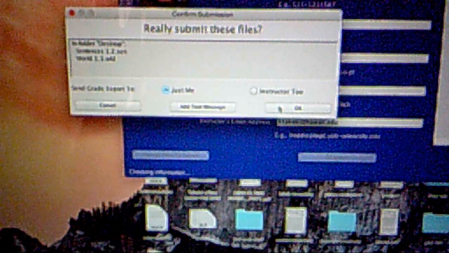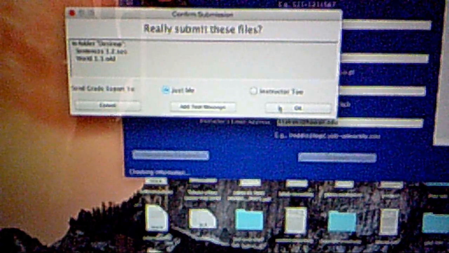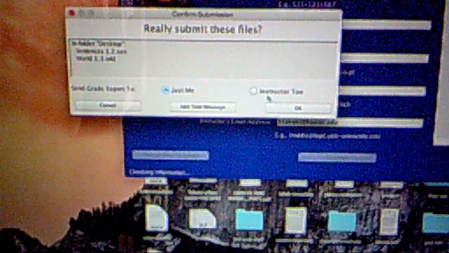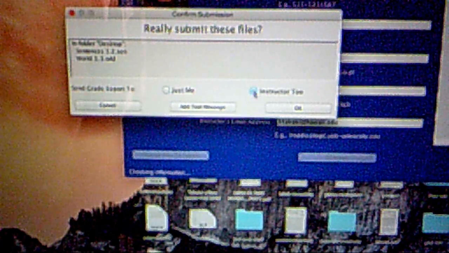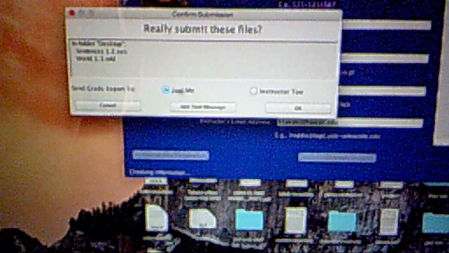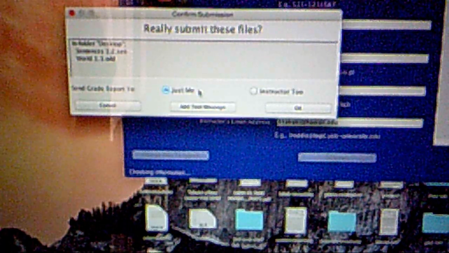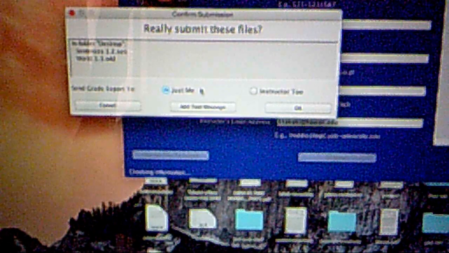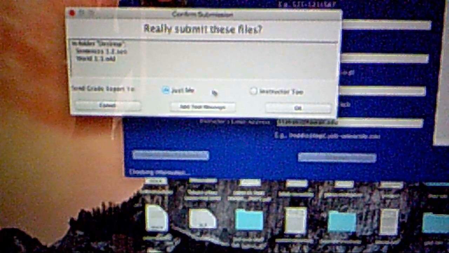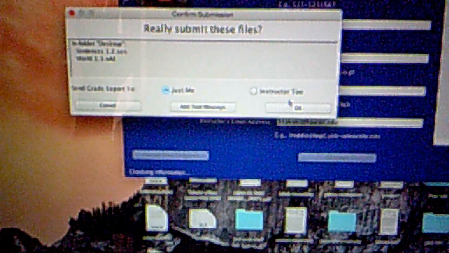If it looks like you got most of them correct, you have to have 3 totally correct out of 4, but 1 you got wrong. Then you've got the 2 points, and then you can go back and choose me, instructor 2. If you choose just you and you got mistakes, you can go back and correct it and resubmit it to yourself as many times as needed to make sure you're past that 75% bar to get the 2 points. Okay? So make sure you do that to get the full points.